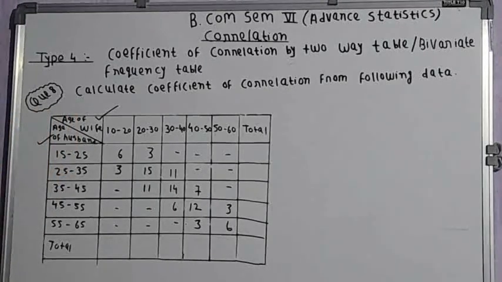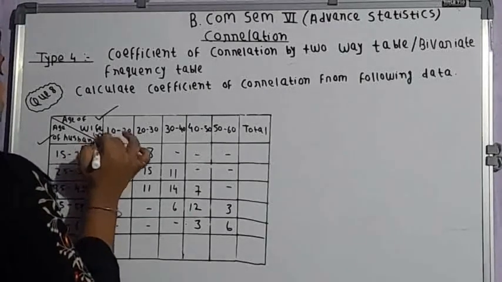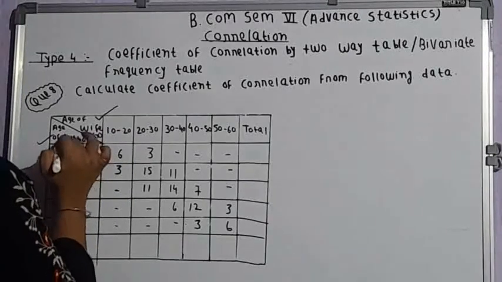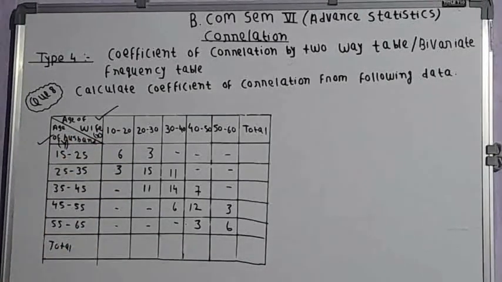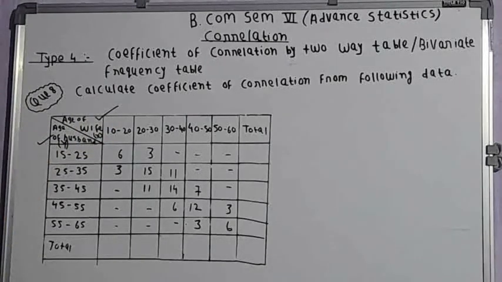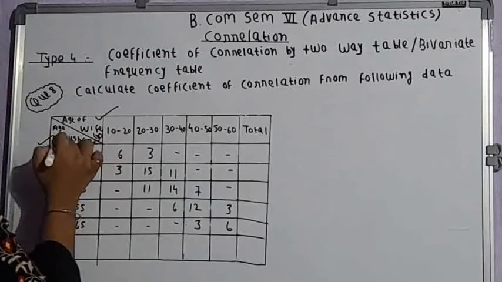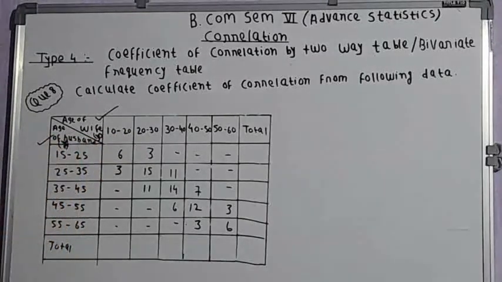Okay. So here we will denote age of wife by X and age of husband by Y. We have denoted age of wife by X and age of husband by Y. Now it's not a thumb rule that you should always denote age of wife by X or age of husband by Y. You can take it this way also: age of wife can be denoted by Y and age of husband can be denoted by X. Okay, so you can do this as well.